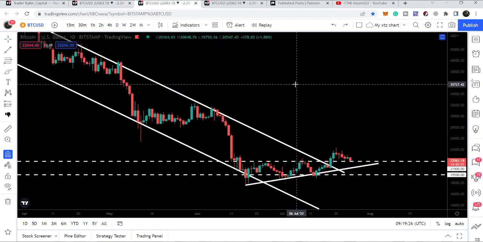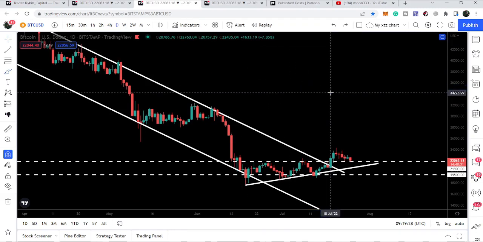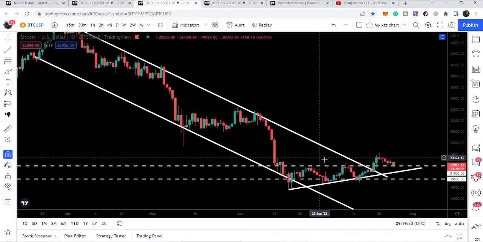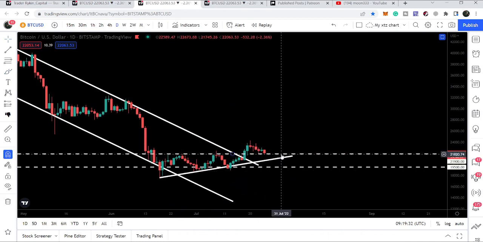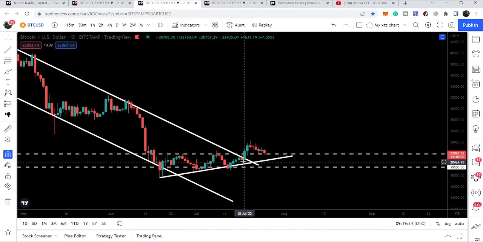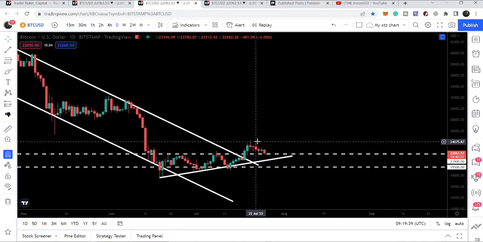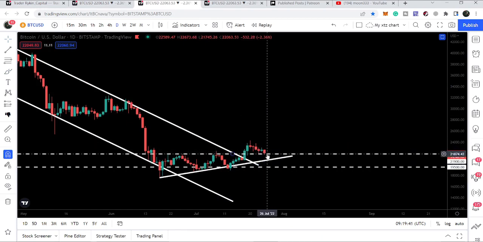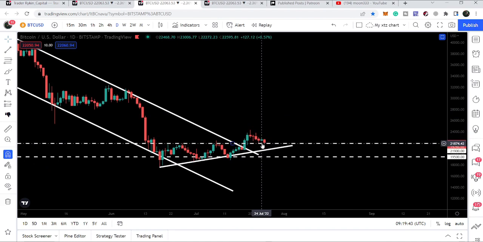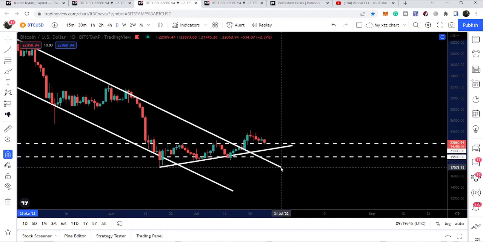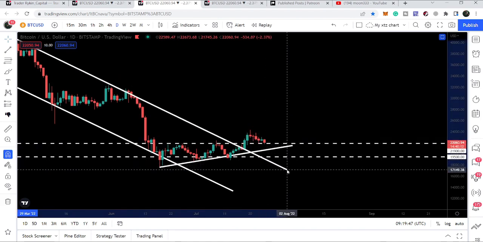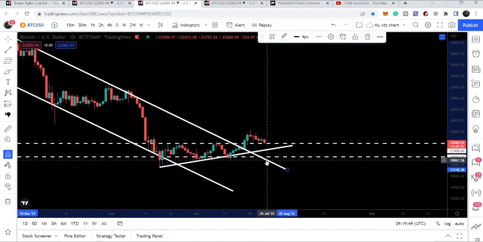Now if we take a look at the daily time frame chart, here I was telling you that we have broken out the down channel, and we have also broken out a resistance of the triangle as well. Therefore there are two probabilities. We may retest the previous resistance of the triangle as a support, and if it breaks down this level, then there will be a probability that we may test the resistance of the channel as a support.